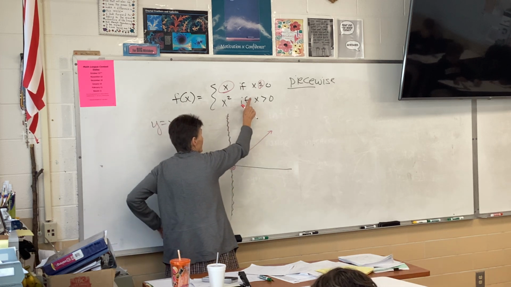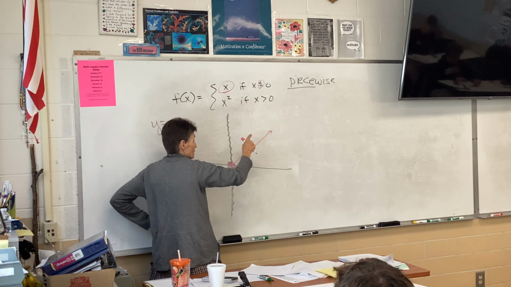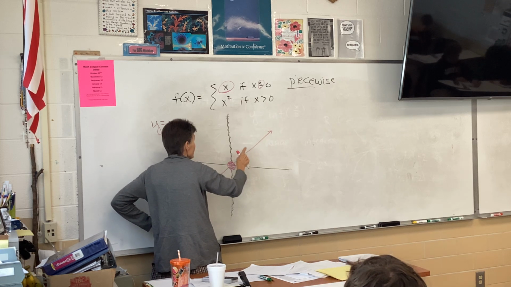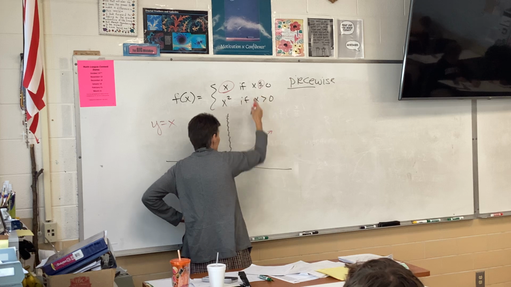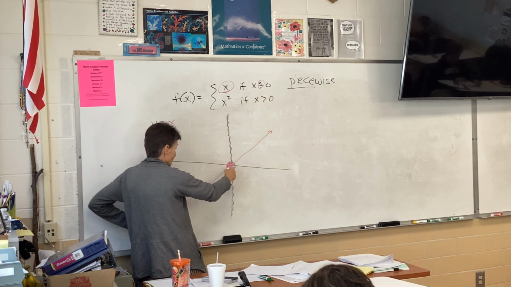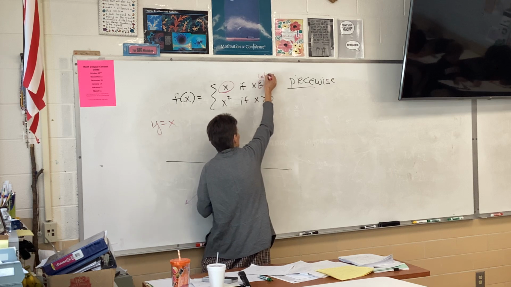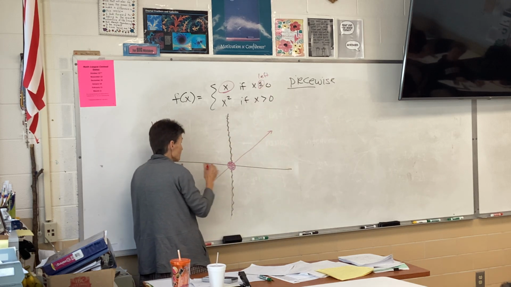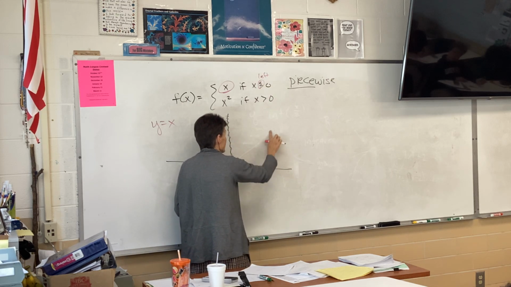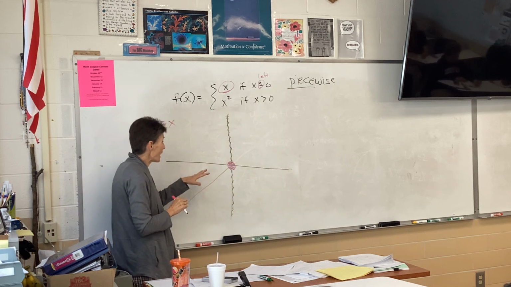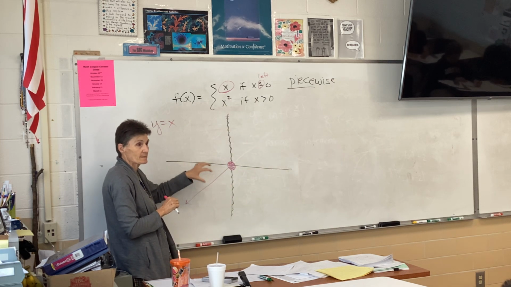And now I'm going to keep the part of the line where x is less than 0. So that's this part, the left side of the picture. I'm going to keep the left and erase the right. So that is my first piece of my function.